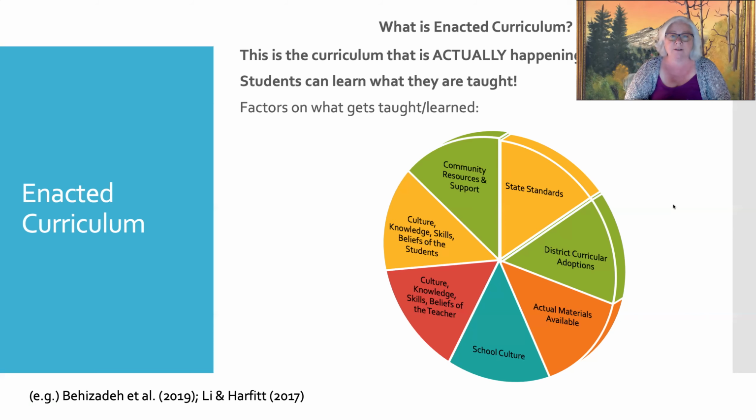The rest of the time, it's important for them to learn what I put in front of them, right? And then that goes along with the culture, knowledge, skills, and beliefs of students. What do they believe about their own confidence and abilities? That is going to hugely influence the enacted curriculum. And finally, thinking about community resources and support, what is being used is linked to the resources that you have.